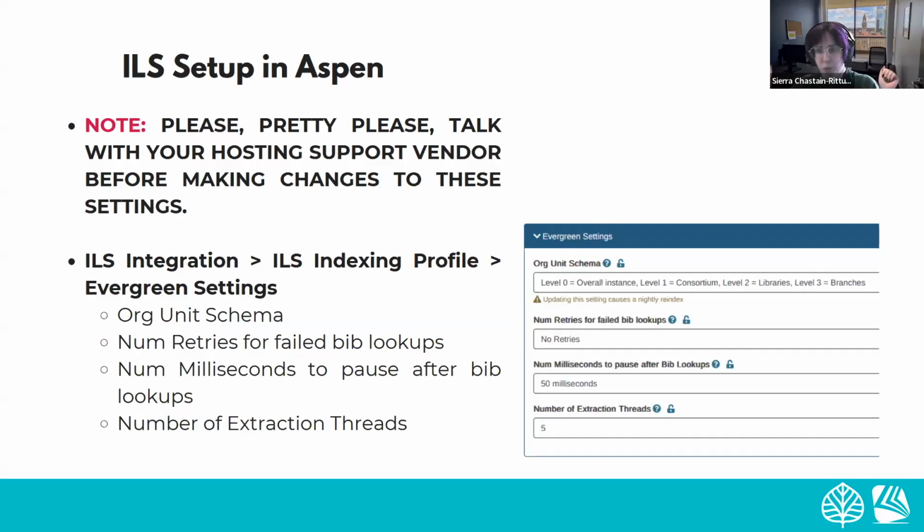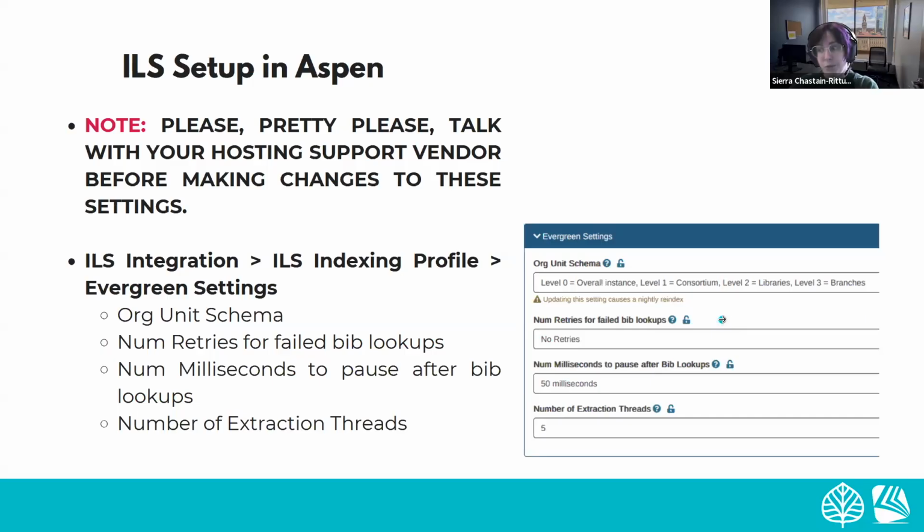And I'll talk a little bit more about org unit on another slide. But this is how Aspen is going to know where to put your new libraries, basically, if you're adding any libraries. These next three settings, the number of retries for failed bib lookups, the number of milliseconds to pause after bib lookups, and number of extraction threads all relate to how the ILS indexer is processing those records or those exports from Evergreen.